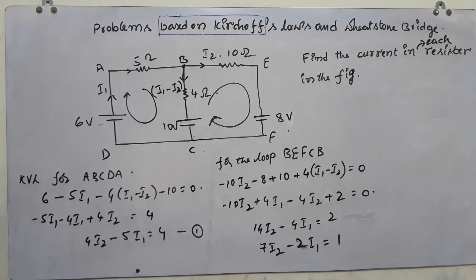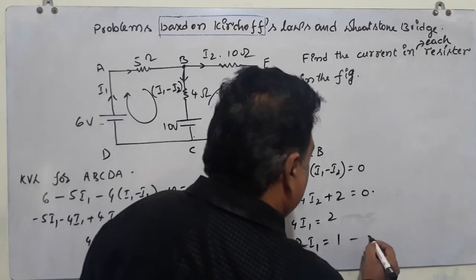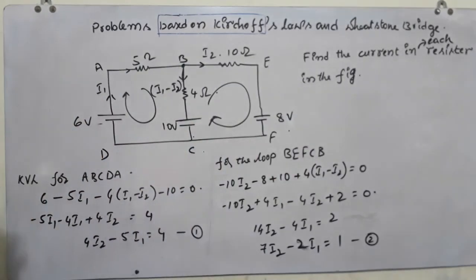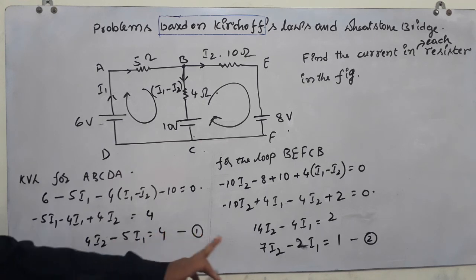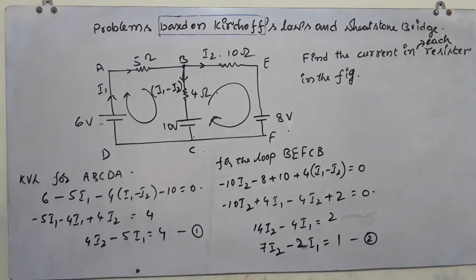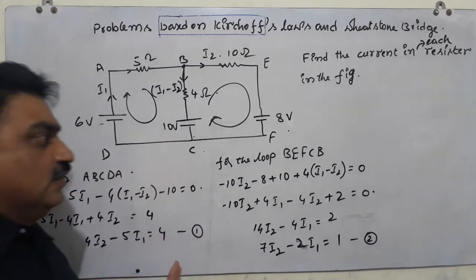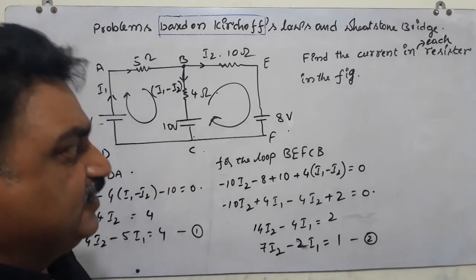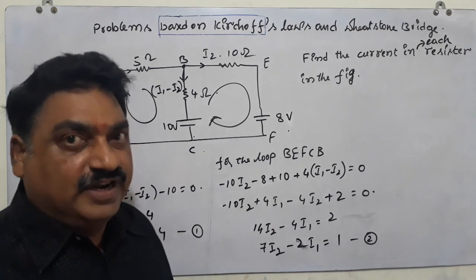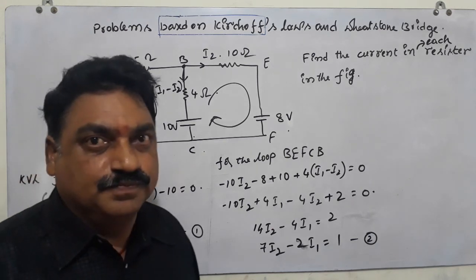And here this is equation 2. You have to solve both these equations so that you can get both the value of I1 and the value of I2. I am giving you an exercise to solve these two simultaneous equations. I will continue to the next problem.